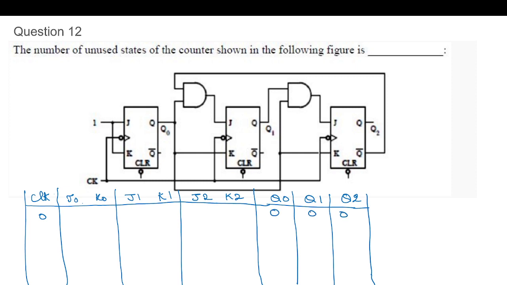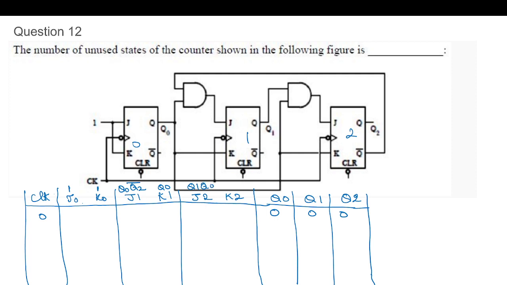Initially, let us consider the flip-flop to be all zeros. Next, this is 0, 1, if I consider in this order. Then this is always 1, 1. And what is this? It is Q0. This is Q0. Q2 bar. Yes, Q2 bar. This is Q1 and Q0.